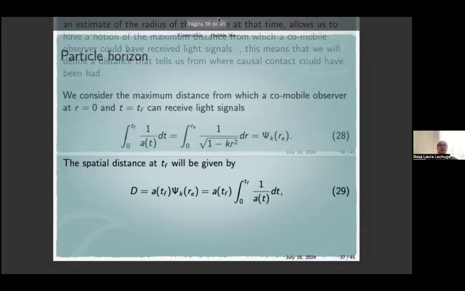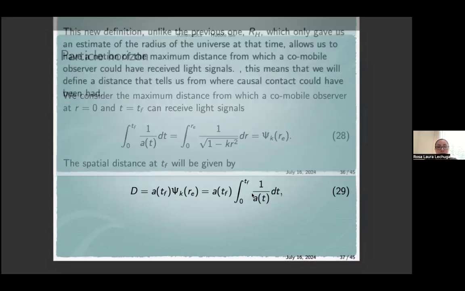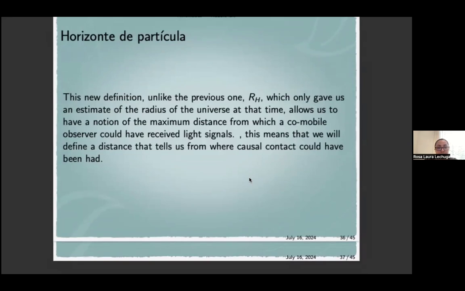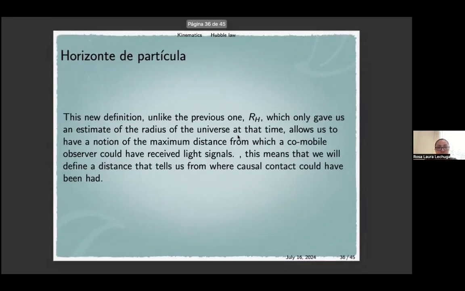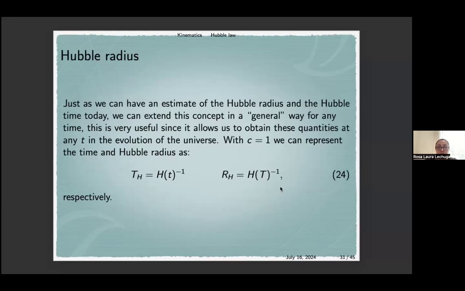You can think that the Hubble radius, the quantity that we define here, is written in terms of a and the derivative of a. And it gives us the definition of the Hubble expansion.